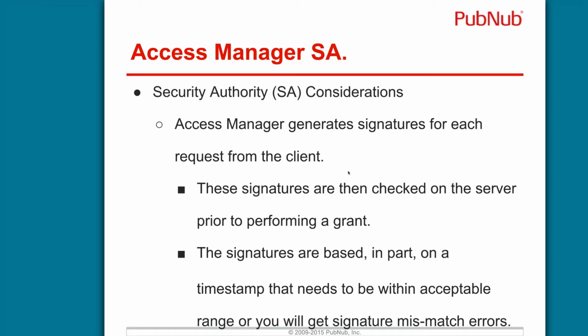Okay, if you're getting mismatched signatures, and you're sure it's not your auth key and you're sure it's not your secret key, check your system time clock and ensure that your system time clock is up to date and reporting the right time. Otherwise, you'll get signature mismatch, and it's very, very common. I've seen this quite a bit with Access Manager, and I, in fact, fell victim to it myself very, very recently, where I was getting mismatched signatures, and part of the problem was the time clock.